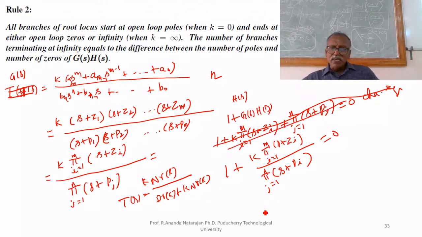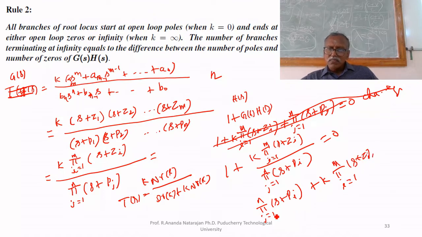Or we can say that the product of j equal to 1 to n of S plus Pj, plus K times the product of i equal to 1 to m of S plus Zi, equal to 0.